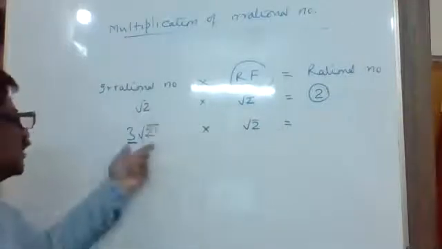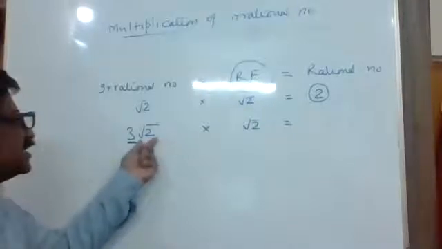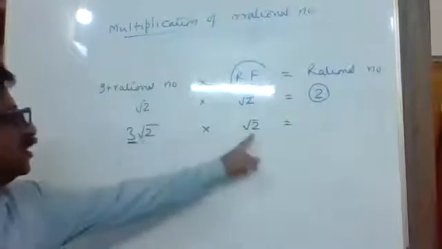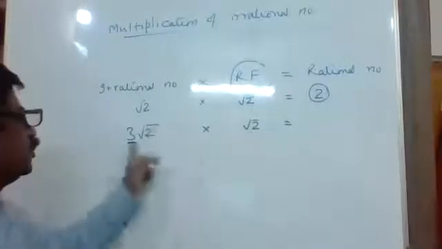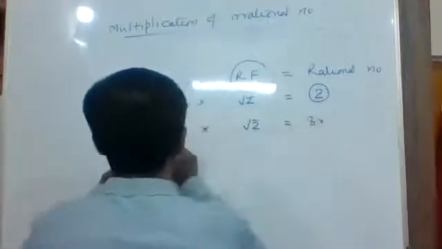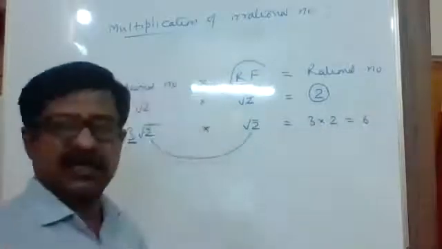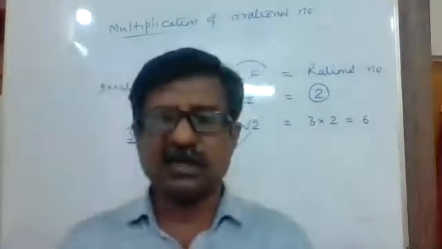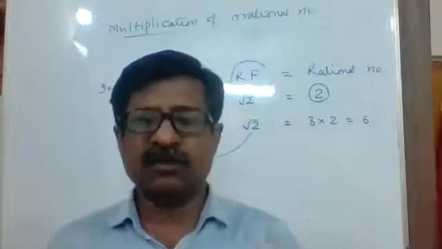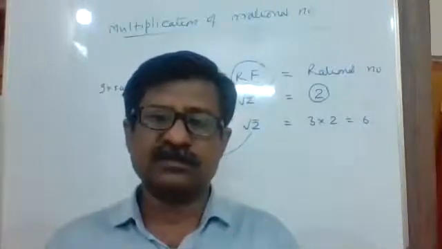The rationalizing factor of this monomial is its irrational part. Root 2 into root 2 will be 2, and 2 into 3 is 6. 3 is already a rational number, and when you multiply root 2 into root 2, it becomes 2, therefore 6. So we can write a rule: the rationalizing factor of a monomial is the same monomial.